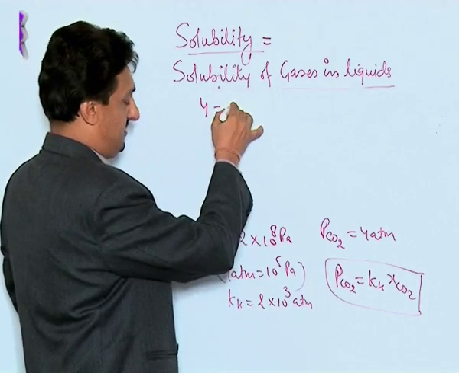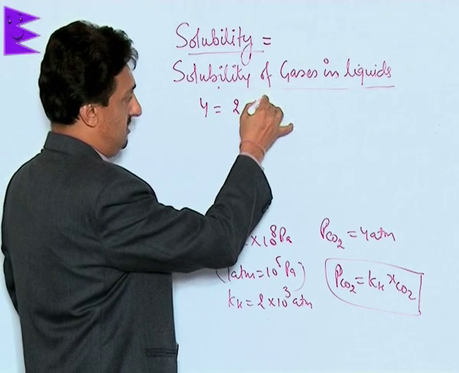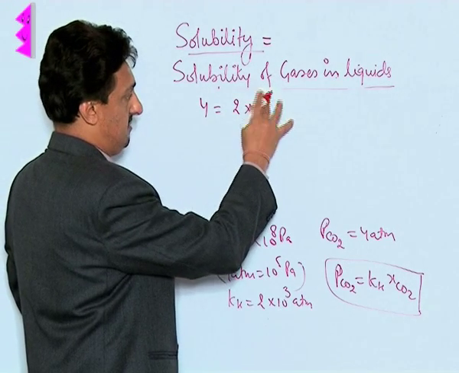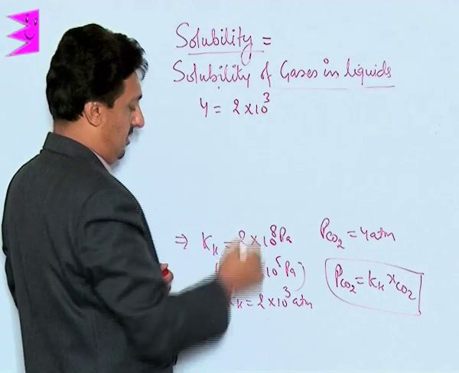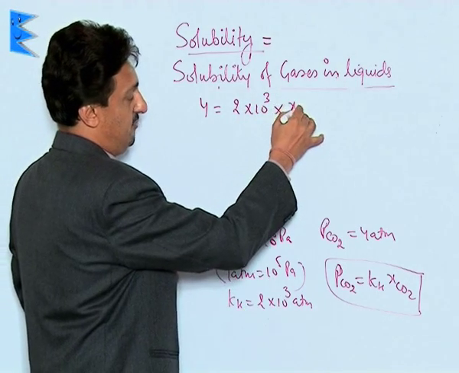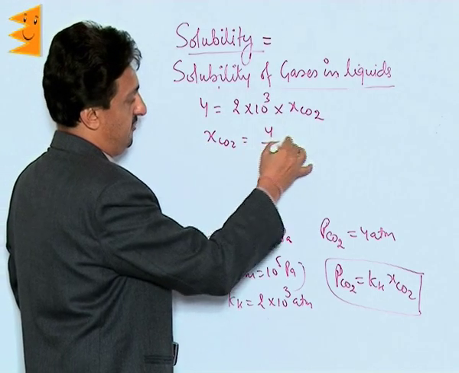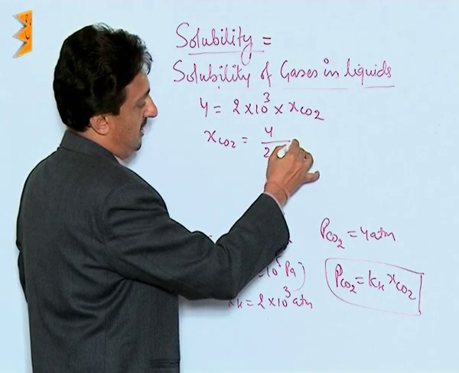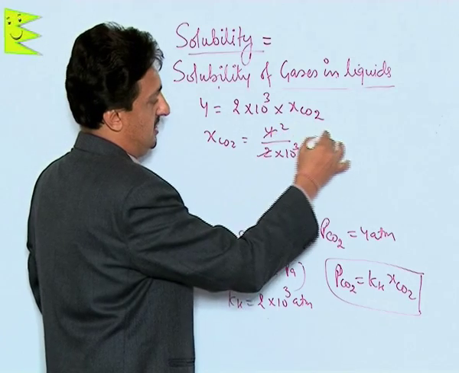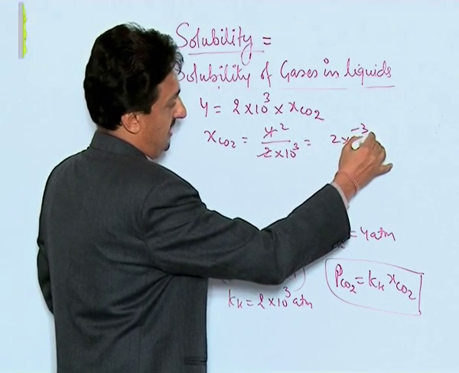Henry's constant is 2 into 10 to the power 8 pascals, which is converted into atm as 2 into 10 to the power 3 atm, into the mole fraction of CO2 in the solution. So the mole fraction of CO2 in the solution is 4 upon 2 into 10 to the power 3, which comes out to be 2 into 10 to the power minus 3.